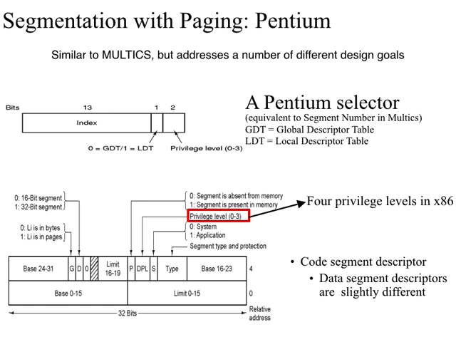So the segment descriptor table looks complicated, but essentially it has a base address of the segment and the limit. Plus, there is the descriptor privilege level, 0 to 3, and additionally, there is a bit which indicates whether the segment is present in the main memory or absent from the main memory.